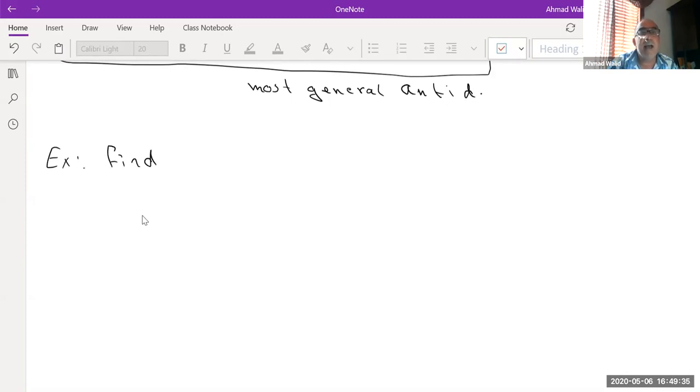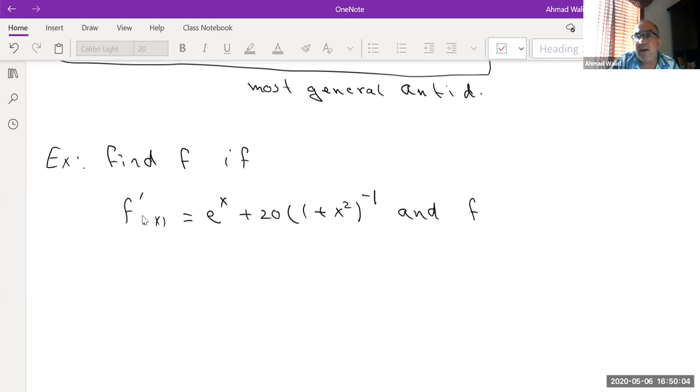Again, find f. This time not the most general. Find f, where f prime x equals e to the x plus 20 times 1 plus x squared to the power of -1, and f of 0 equals -2.